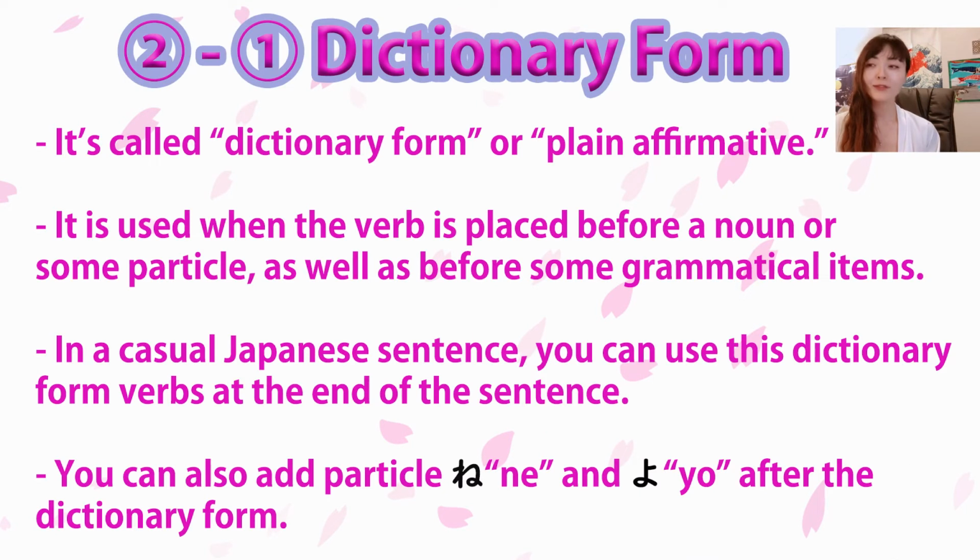Dictionary form. It's called dictionary form or plain affirmative. It is used when the verb is placed before a noun or some particle, as well as before some grammatical items. In a casual Japanese sentence, you can use these dictionary form verbs at the end of the sentence.